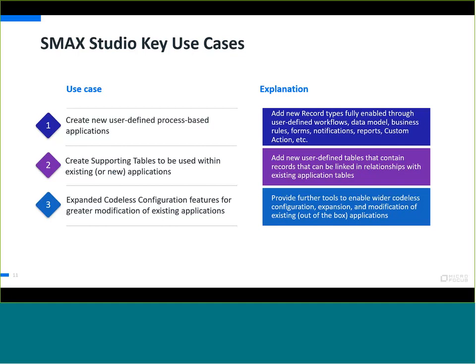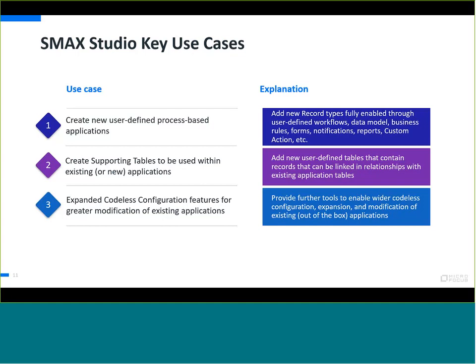In this release, you'll be able to create a supporting table and link that into an existing process or a new one that you've created. That would allow you to have a much longer list of values for somebody to choose from. Potentially, that supporting table could have its own workflow and lifecycle for the records that exist there as well.